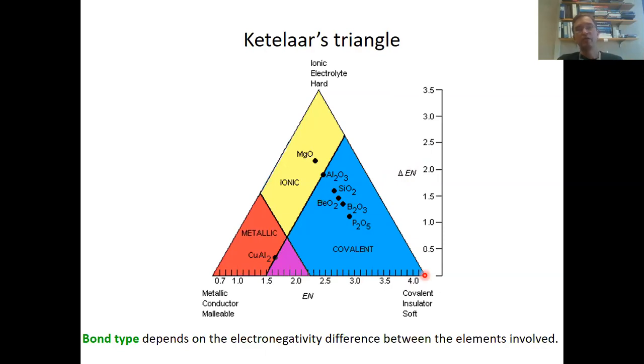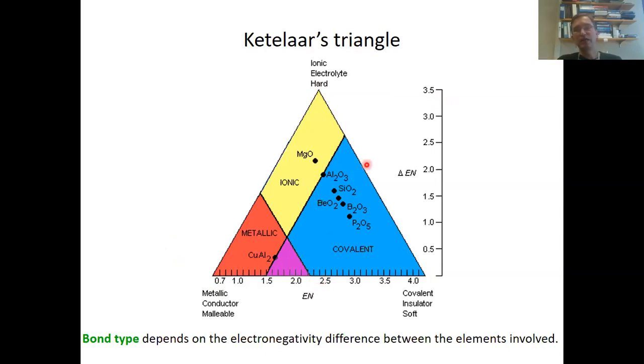All right. So now, what is the compound with the highest electronegativity difference? Well, that must be the cesium fluoride. So the cesium fluoride would be about here. It has an intermediate average electronegativity because the electronegativity of cesium is very low and the electronegativity of the fluorine is very high.